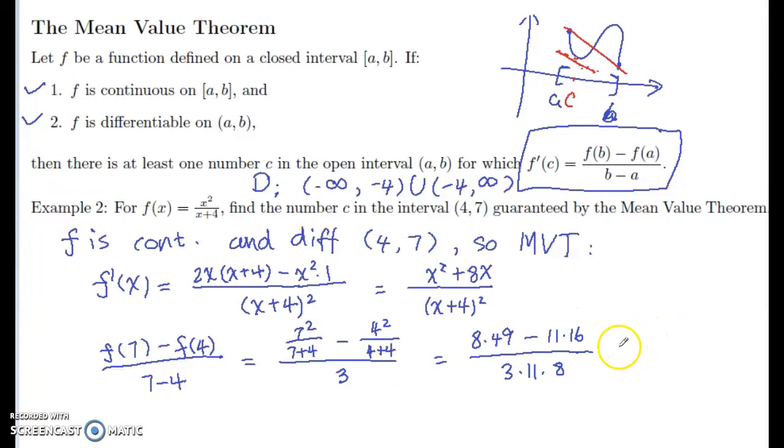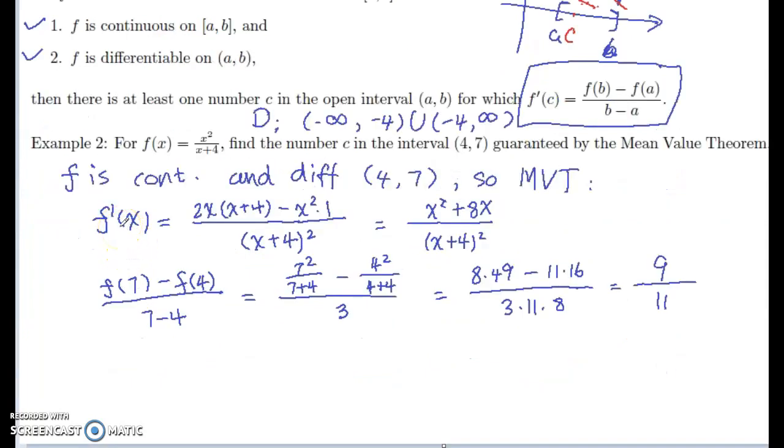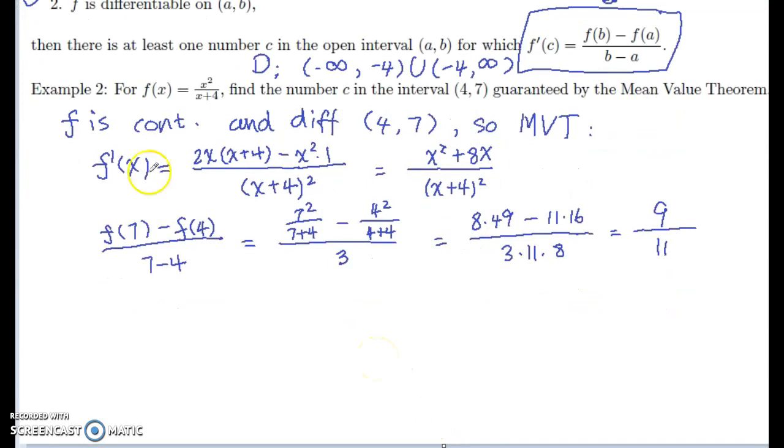which is 9 over 11. So now we need to solve a rational equation. It tells us f prime of c, so c squared plus 8 times c divided by c plus 4 squared, which is c squared plus 8c plus 16, equals 9 over 11.